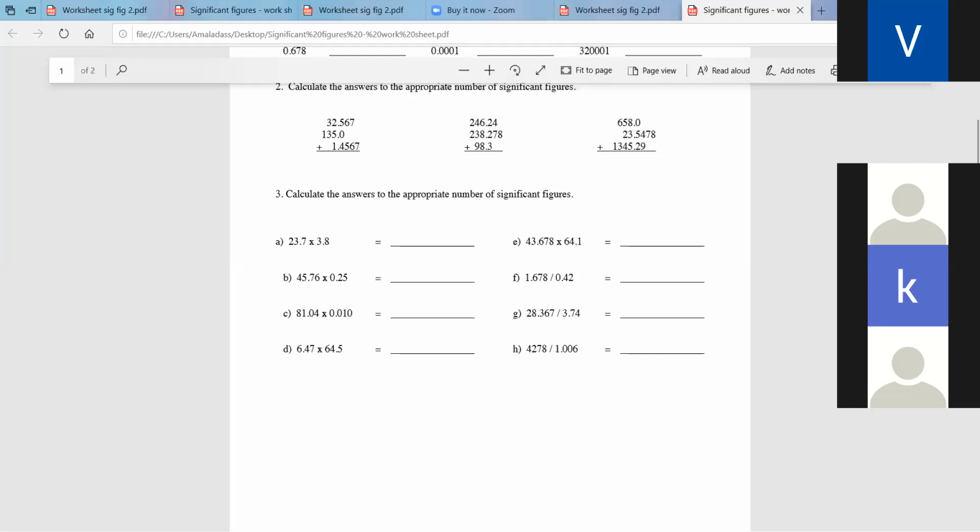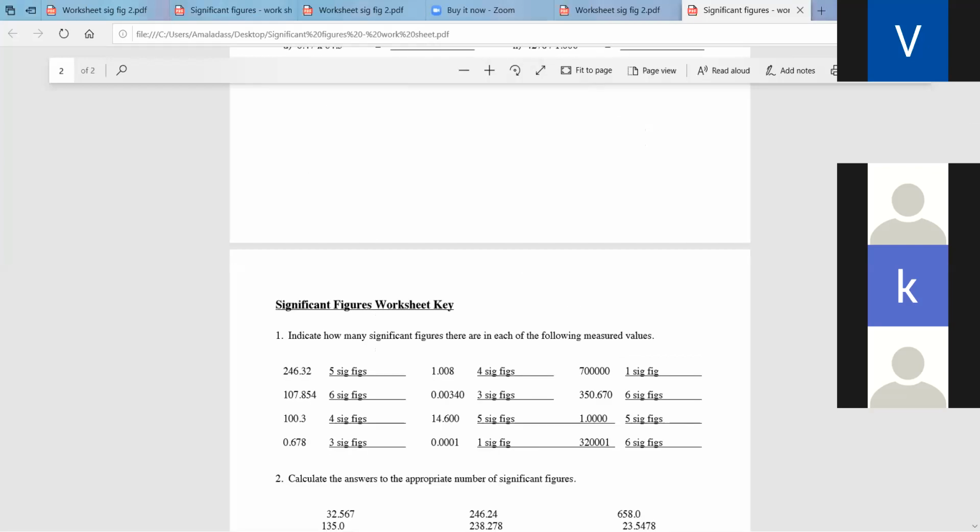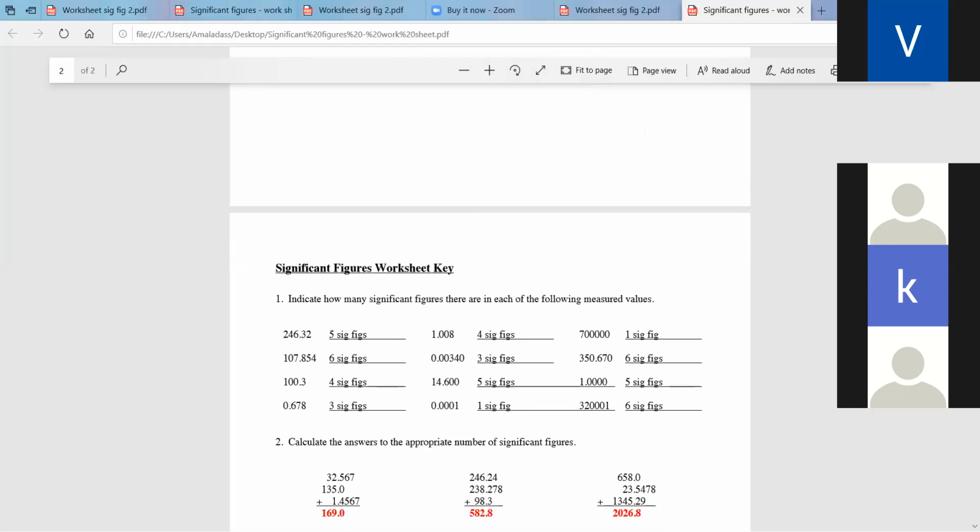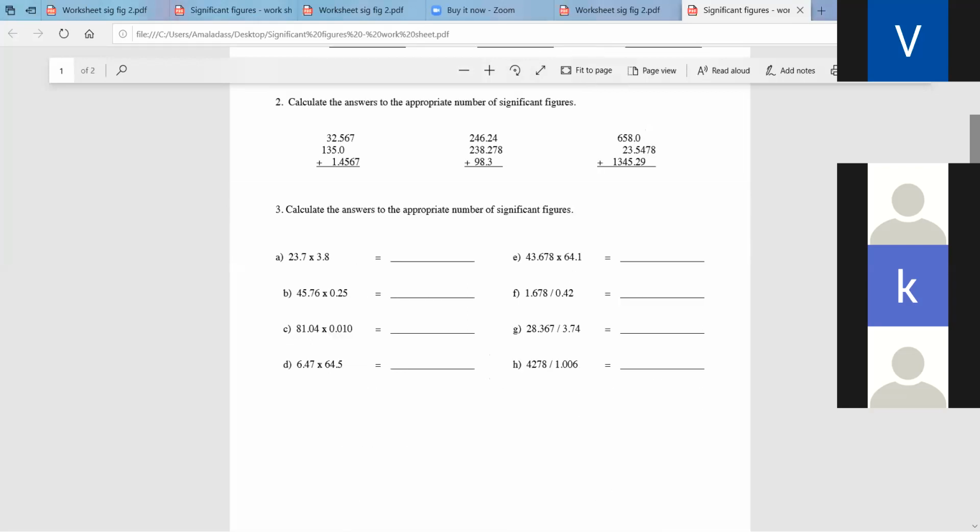Only 90, sir. Only one significant figure. Yes, 90 means it is one significant figure. Then how do you write? 90.0? If you put 90.0, it is 3 significant figures. How should you write now?